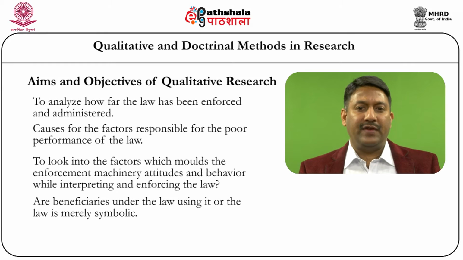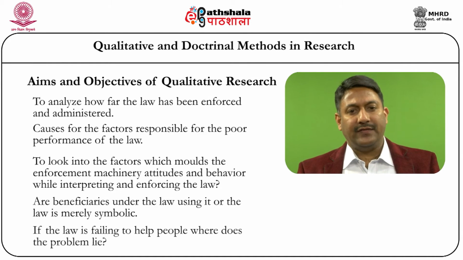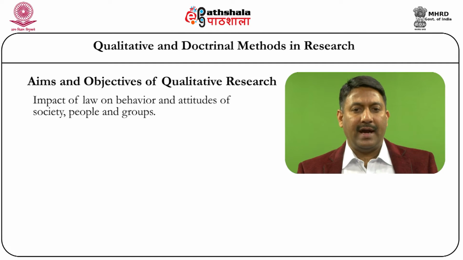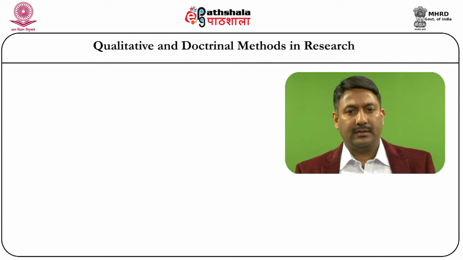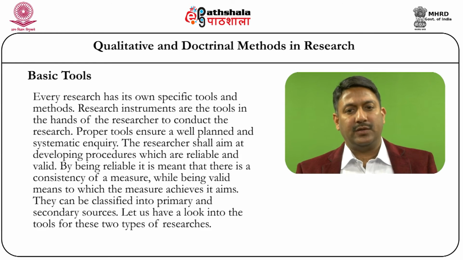Whether the targeted beneficiaries are benefiting out of the law. If the law is failing to help people, where does the problem lie? Impact of law on behavior and attitude of society, people, and groups are also determined by this method. Every research has its own specific tools and methods.